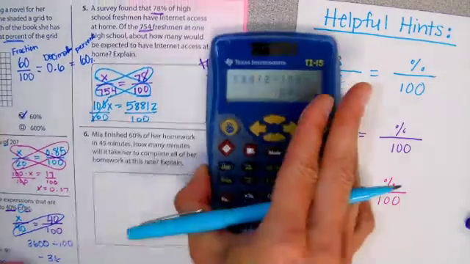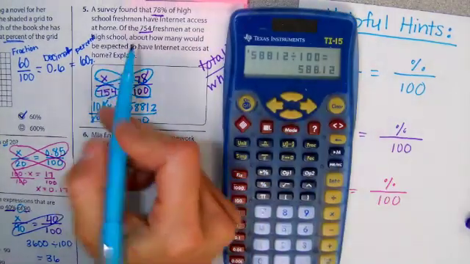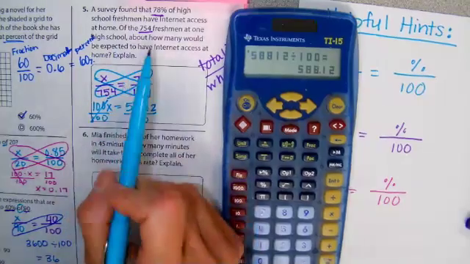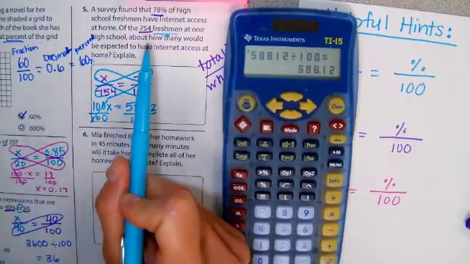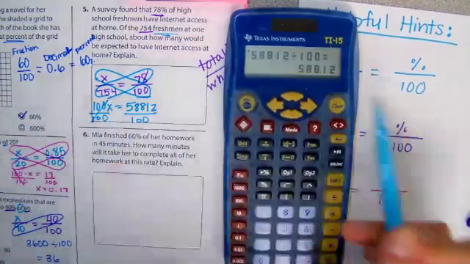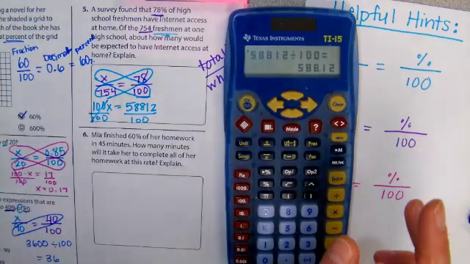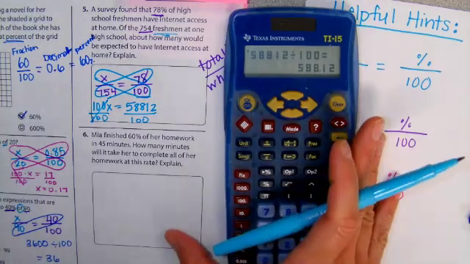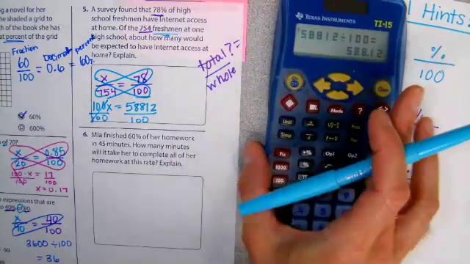That is not really the answer, okay? Because think about what we're talking about. We're talking about freshmen, which are people, right? How many would be expected to have internet access? Can you have 0.12 of a person? No, you cannot. So we're going to round that to whole people, right?